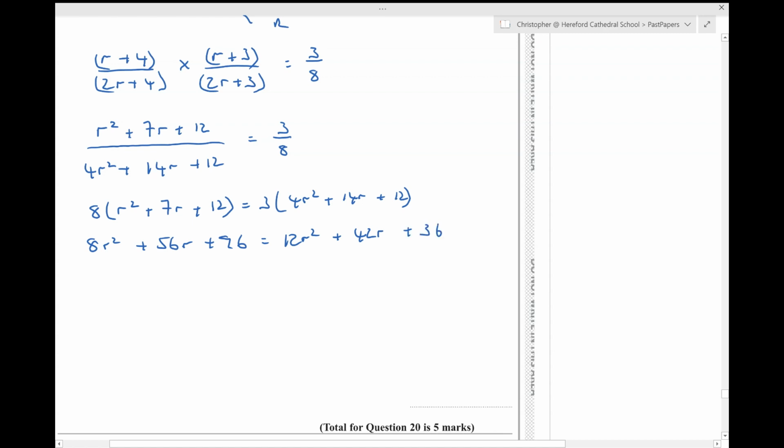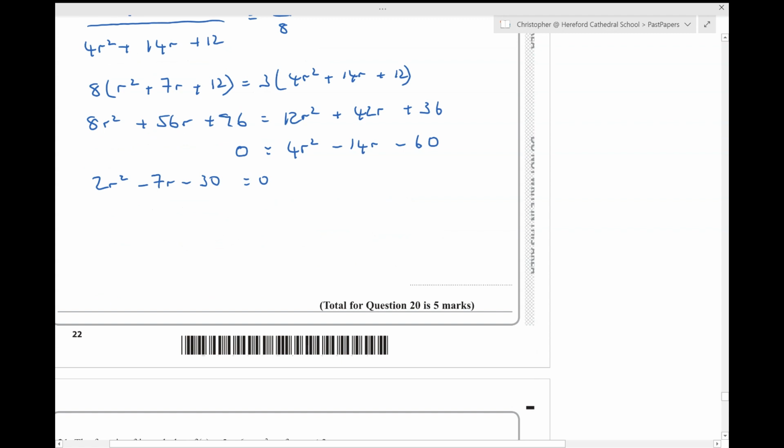Okay, quadratic equation, set it equal to 0 and factorise. So let's put 0 here. Minus 8R squared from both sides. Minus 56R from both sides. Minus 96 from both sides. Okay. Let's divide both sides by 2, make it a bit easier. Shame we can't divide by 4. Divide by 2, 2R squared minus 7R minus 30 equals 0.